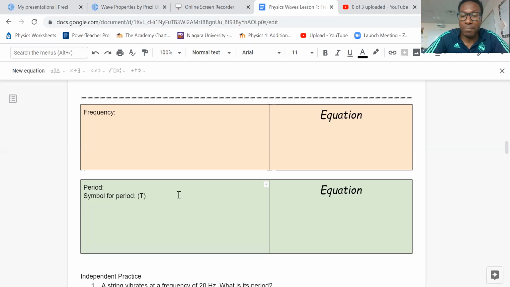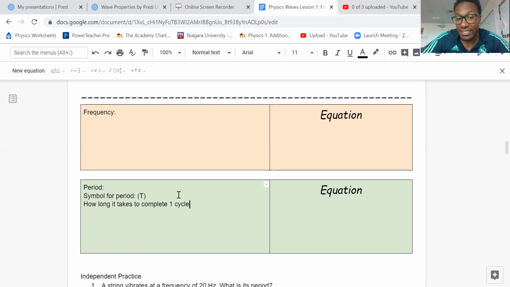Now, if we're talking about period, period is how long it takes to complete one cycle. So how long does it take to complete one cycle? This is how the term period became associated with the menstrual cycle.